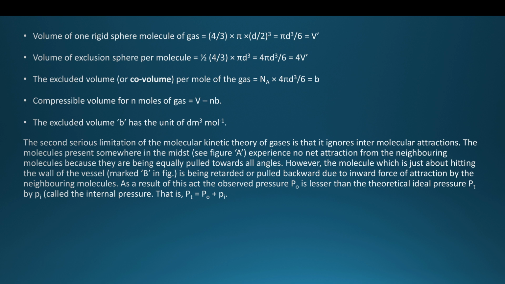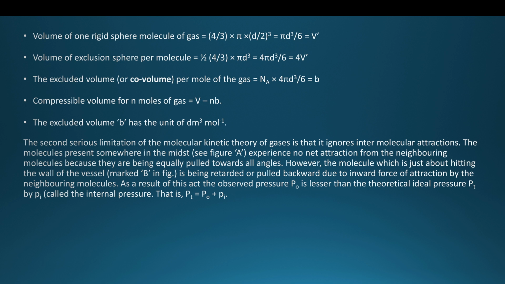The second serious limitation of the molecular kinetic theory of gases is that it ignores intermolecular attractions. The molecule present somewhere in the midst experiences no net attraction from the neighboring molecules because it is being equally pulled towards all angles.